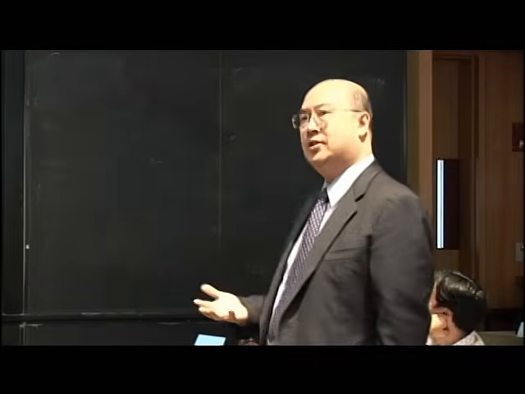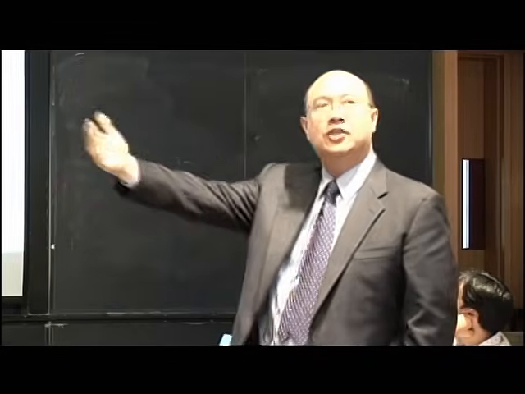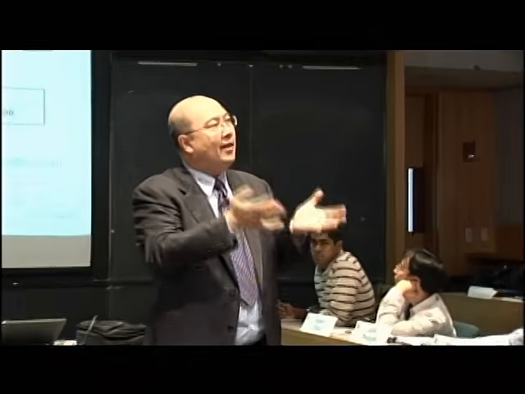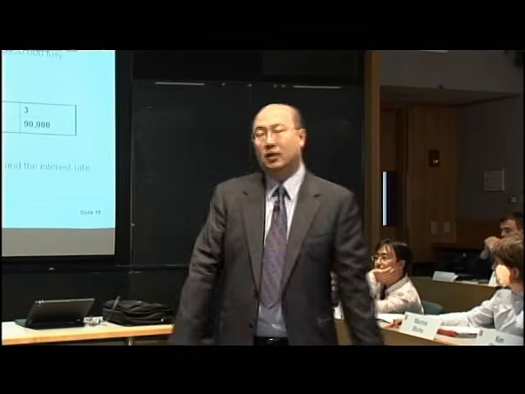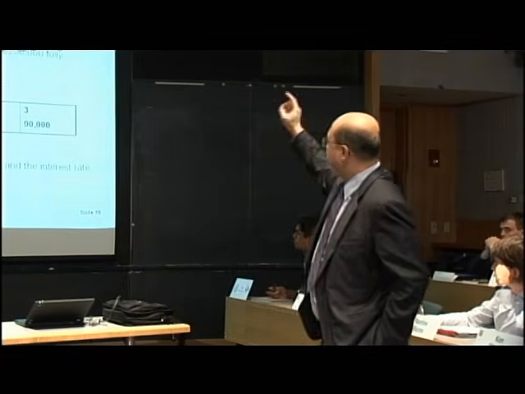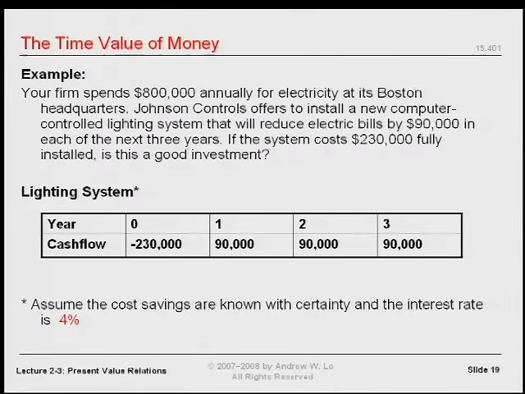And the management decision relies on valuation first. Once you value it, then you can make a decision. So you've got $90,000, $90,000, $90,000 in the 3 years as your cost savings, but it's going to cost you $230,000 up front. Now, if it turns out that the interest rate is 4%, you can figure out what the answer is.